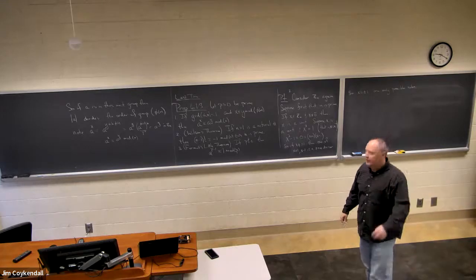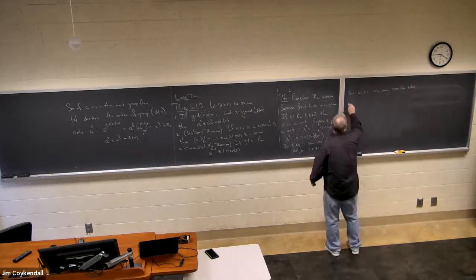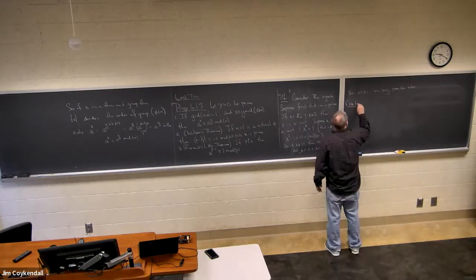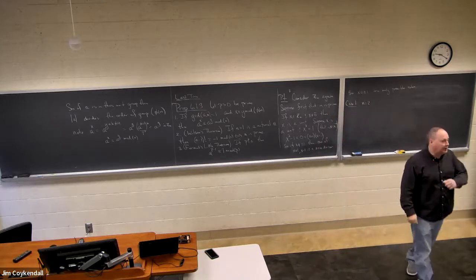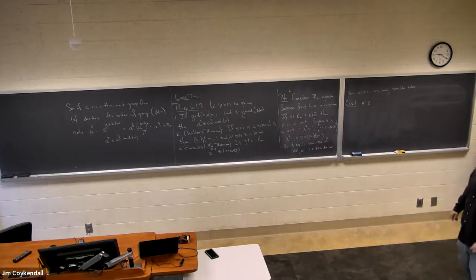Actually, I've got a degenerate case. Case 1: n equals 2, the oddest prime of all. Remember, I'm assuming that n is prime, so let me just do this first.